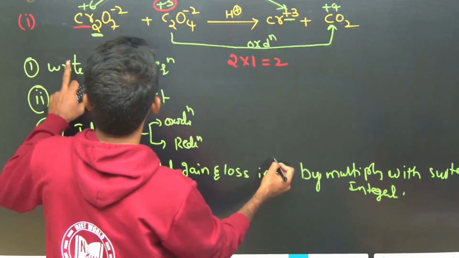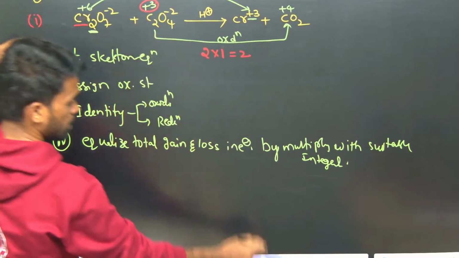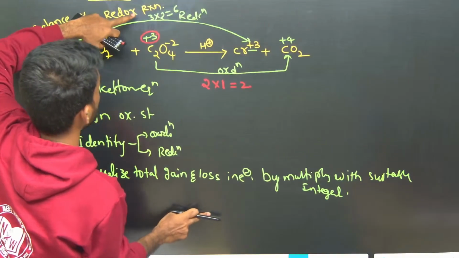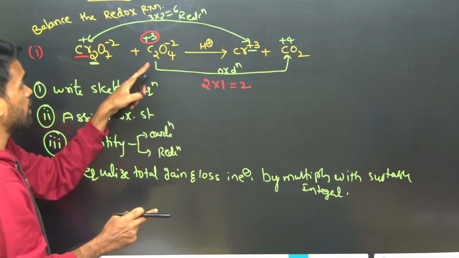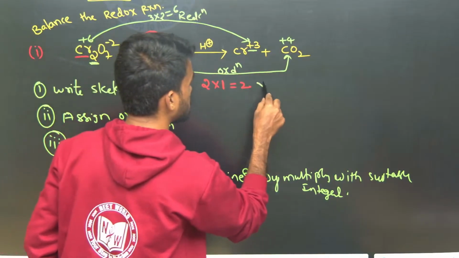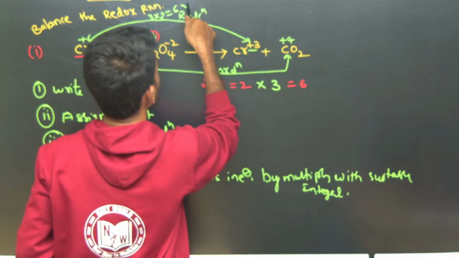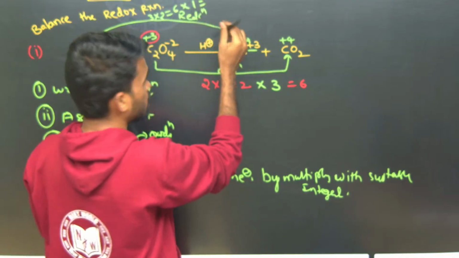So what can we do? Already the number in reduction is 6, and in oxidation it is 2. So I can multiply the oxidation side by 3, therefore it becomes 6. I can multiply the reduction side by just 1, meaning I keep it as it is.